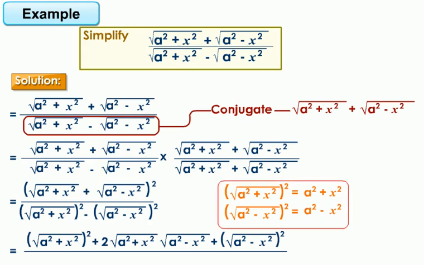So in denominator we have a square plus x square minus a square minus x square.